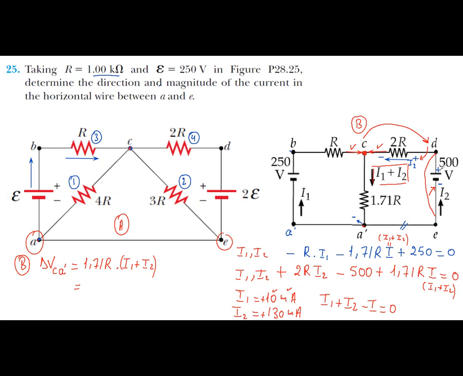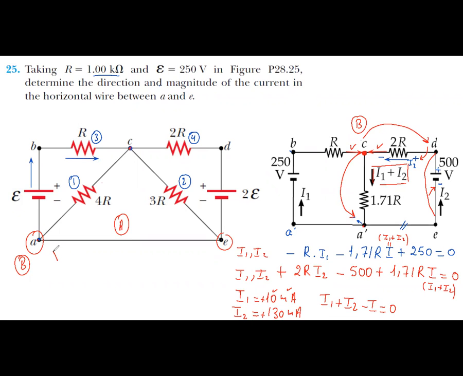So the voltage of the point C is higher than the voltage of the point A prime. Look, C is at the positive side, so the voltage of C is greater than the voltage at A prime.